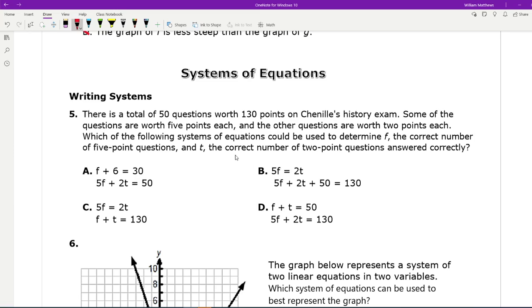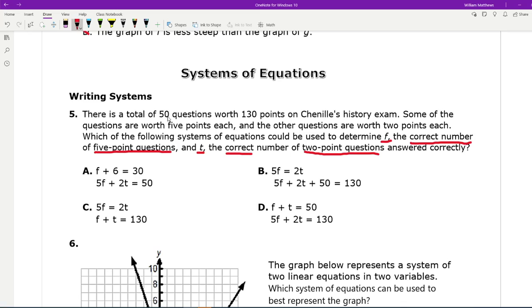So this already told us our variables and what they stand for. t, correct 2-point questions. f, correct 5-point questions. And it wants us to create the two equations.